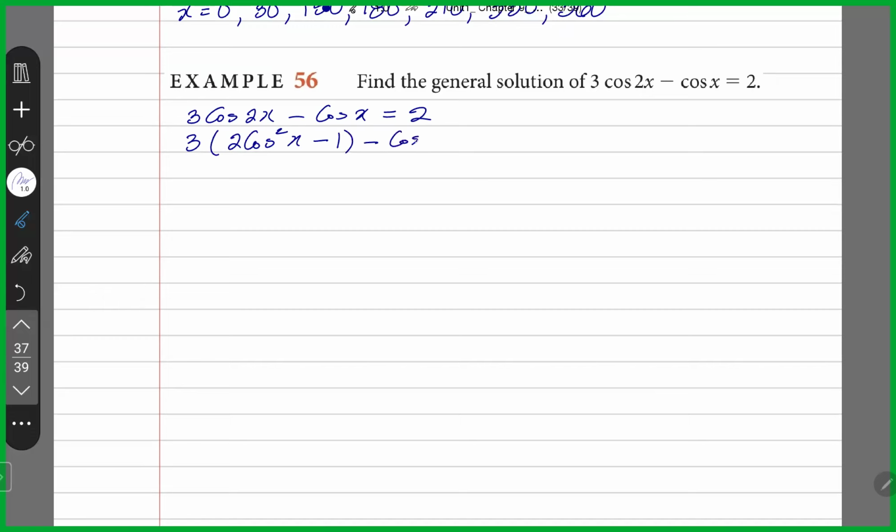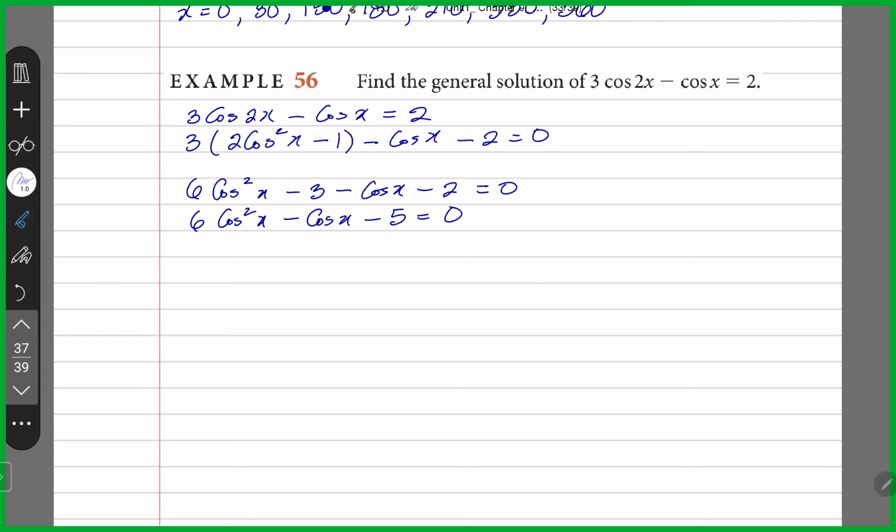So 3 times that, minus cos x minus 2 is equal to 0. So now I have 6 cos squared x minus 3 minus cos x minus 2 is equal to 0, which is 6 cos squared x minus cos x minus 5 is equal to 0.